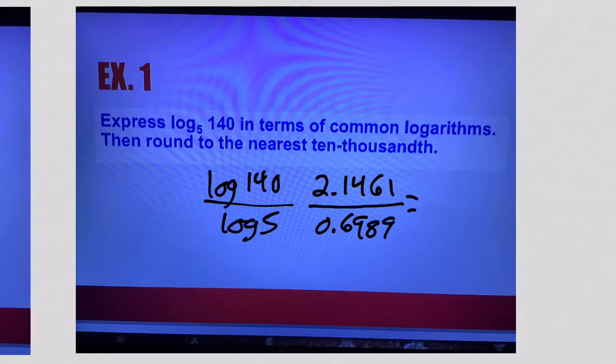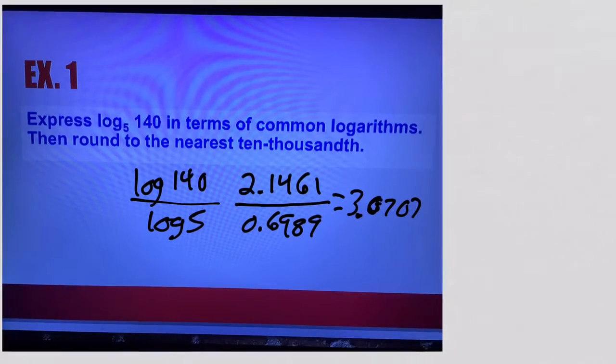And then we divide those out. And we get 3.0707. So you can actually put in the log of 140 divided by log of 5 in your calculator, and you would end up with the same answer.